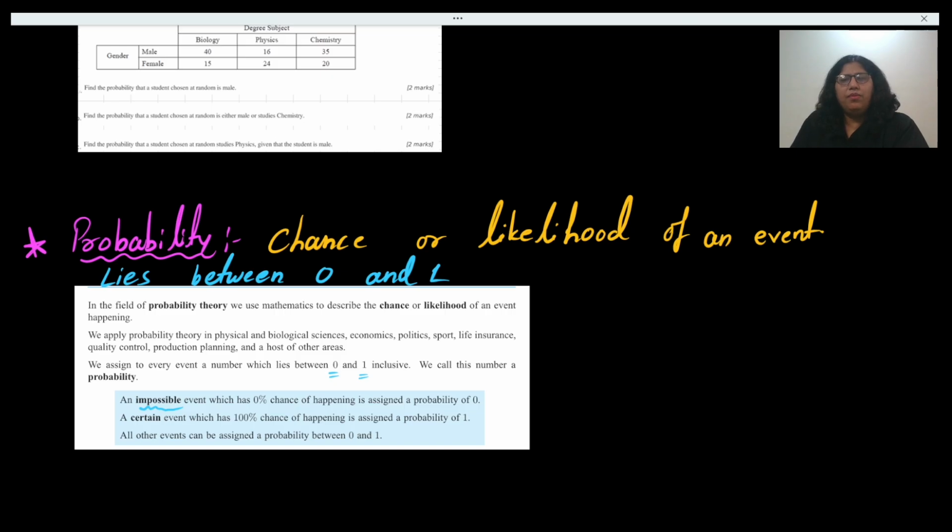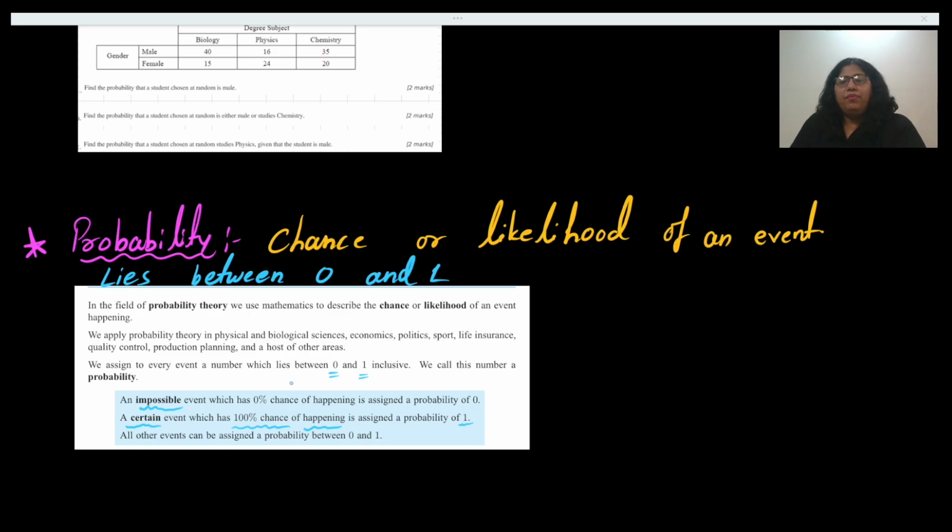And 1 is for the certain event, a 100% chance of happening. Like the sun rising from the east: there is a 100% chance, so the probability is 1.